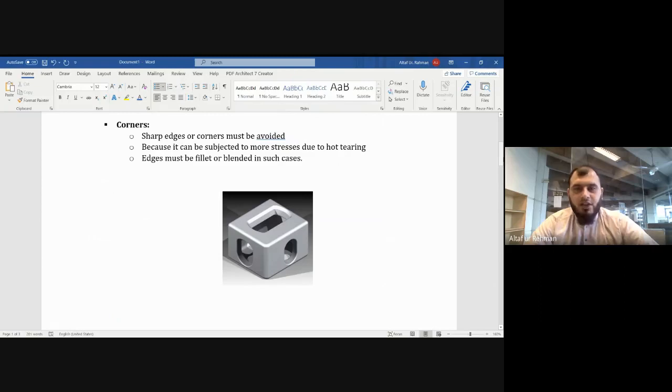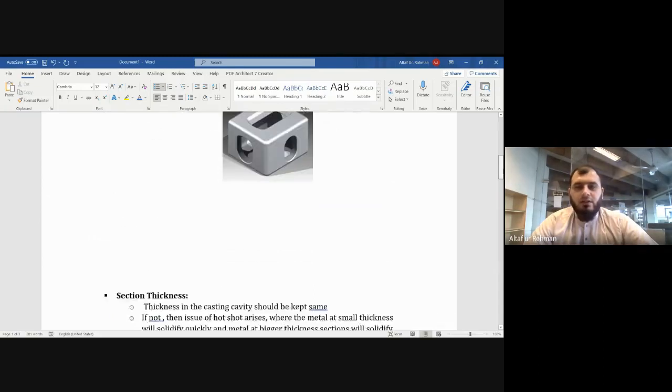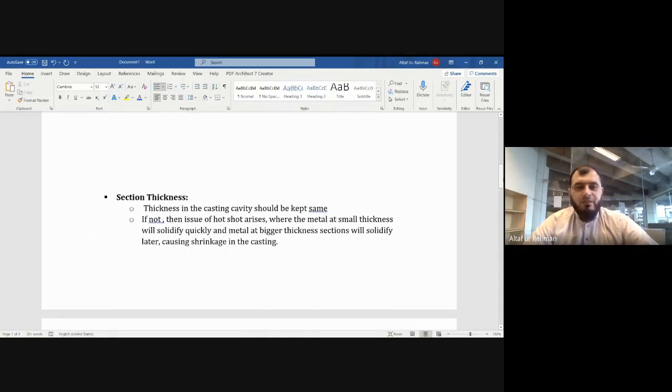If the corners are sharp, it will cause a lot of stresses due to hot tearing, and the casting can crack. Then we have the section thickness. The section thickness must be kept constant, because if there is a difference in thickness, the issue of hot spots will arise.